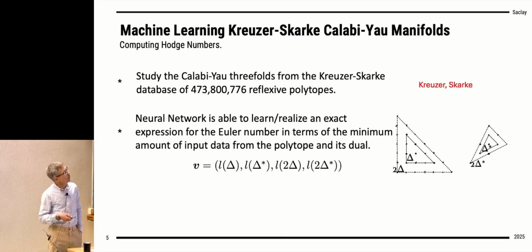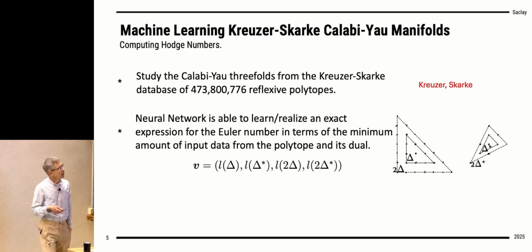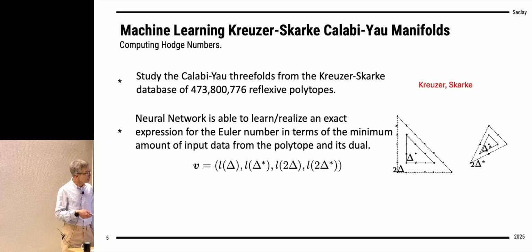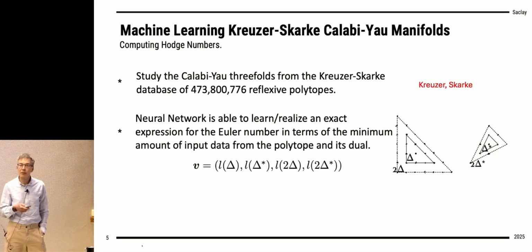So now, what's the role of the machine learning, or the neural network? Well, it turns out that if you are looking at, and this is just a simple toy example here of a two-dimensional polytope. So this particular polytope here, that is the smaller one that's inscribed here, delta star, is the polytope from which one can construct the complex projective space of dimension 2.